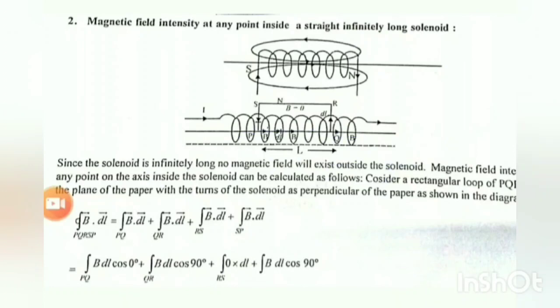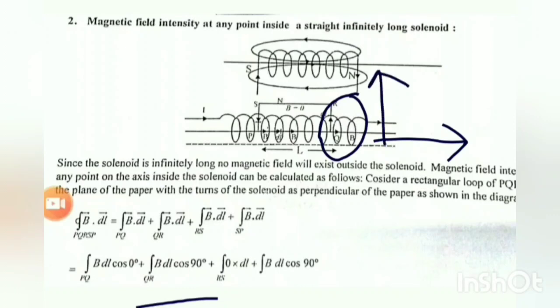Now in the second, we have B dot dl cos 90. The angle between B and dl is 90 degree here. The magnetic field B is pointing in this direction and we are taking this side QR. QR is pointing in this direction.